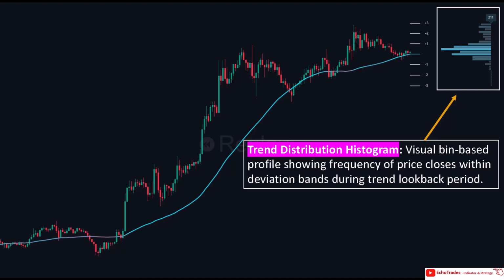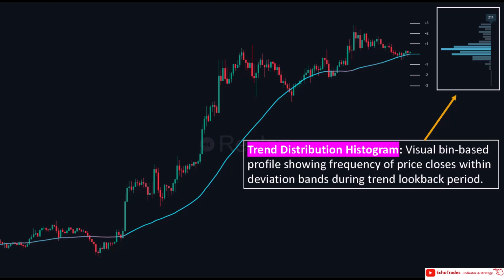It shows how often the price closed within those different deviation bands over the trend's look-back period. So it's not just if there's a trend, but how the price is actually behaving inside that trend. Is it sticking close to the average, suggesting control, or is it constantly pushing out to the edges? So it's like a frequency map of price behavior relative to its average path. That sounds powerful. It helps understand the internal dynamics, the personality of the trend.